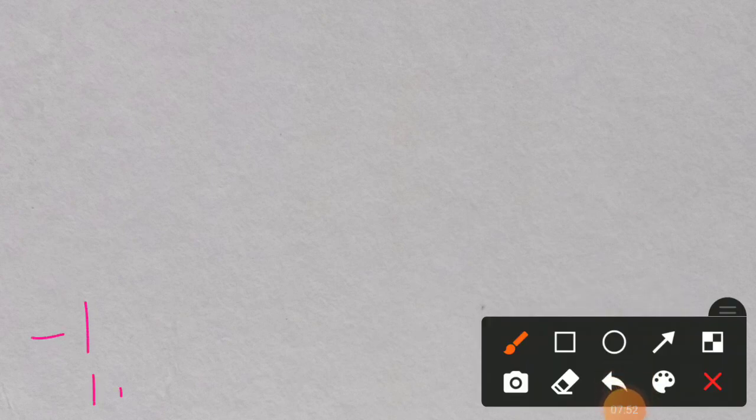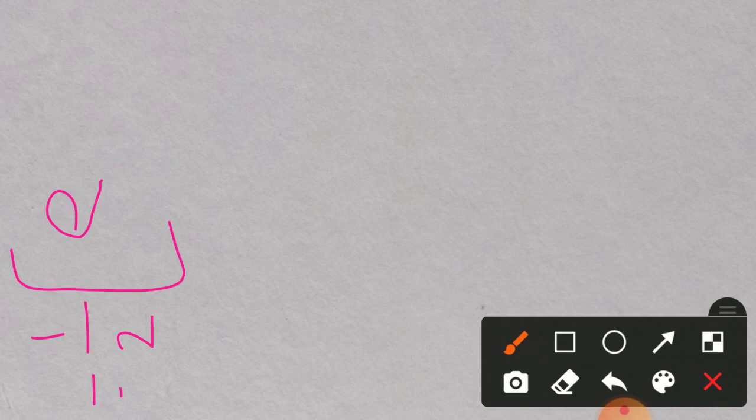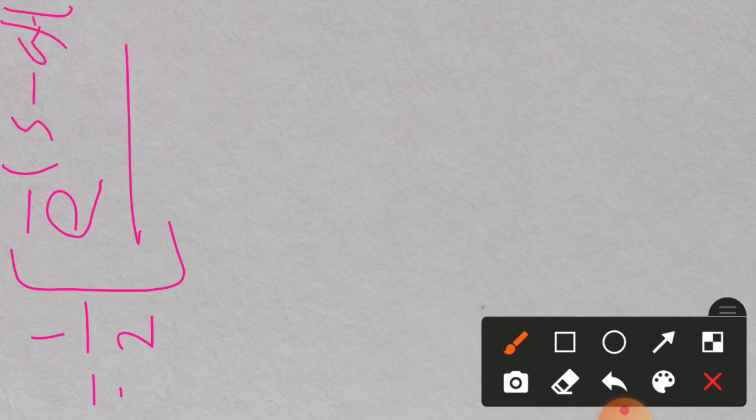So it is half. Now integration of e raised to power minus s minus a t will be e raised to power minus s minus a t divided by minus s minus a, minus.